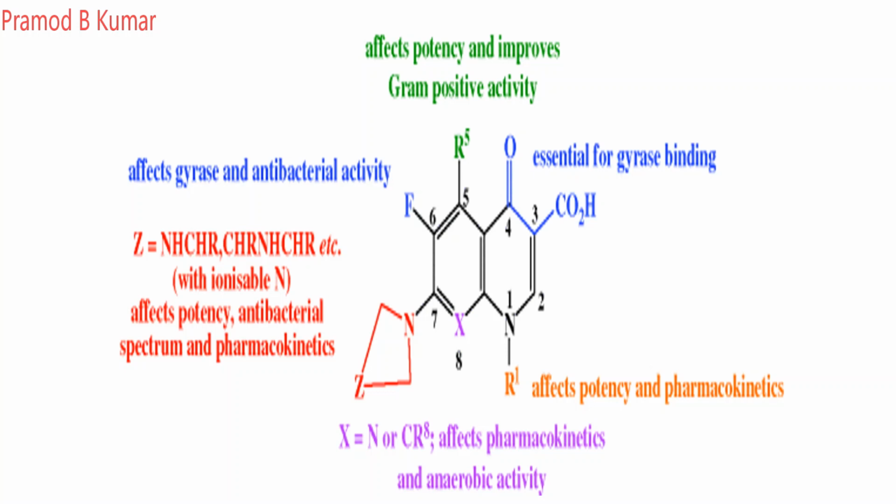It contains a pyridone ring attached to a benzene ring, with a carboxylic acid at the third position, a carbonyl at the fourth position, fluorine at the sixth position, and a saturated heterocyclic group at the seventh position, which will determine the activity. The beta-keto carboxylic group is necessary for binding to DNA gyrase, whereas fluorine is necessary for activity.